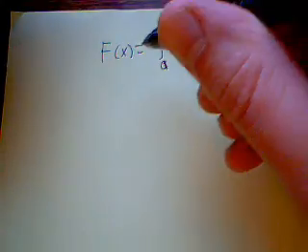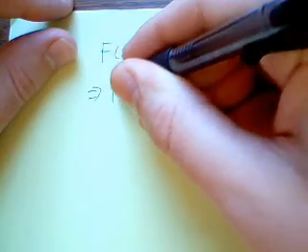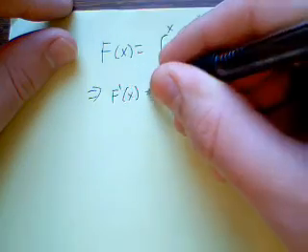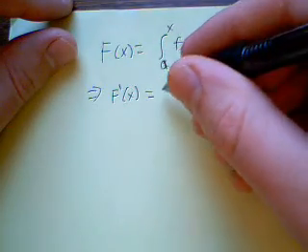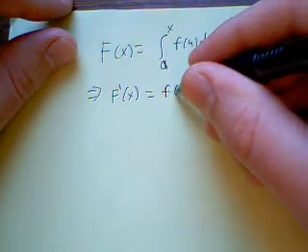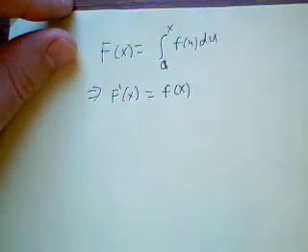Well, the first part says that F prime of x is equal to f of x.